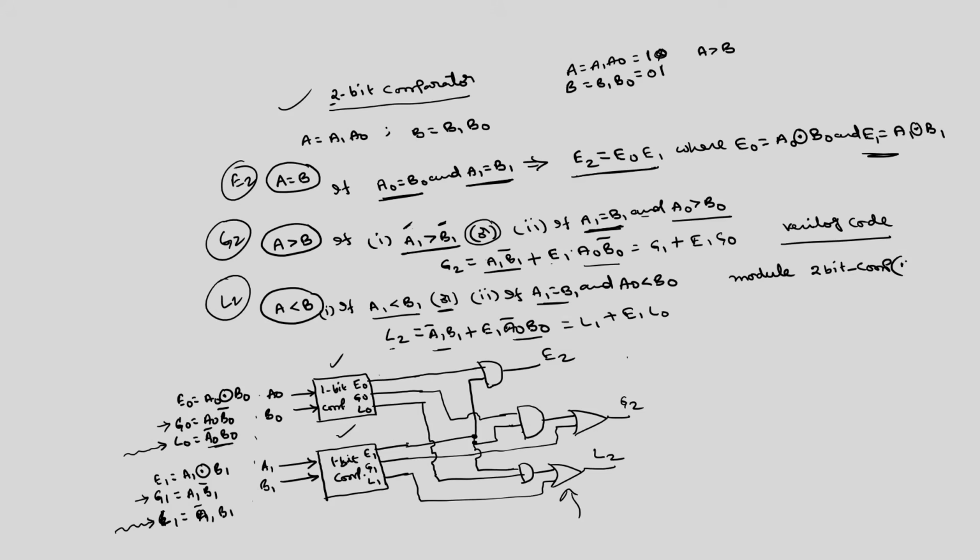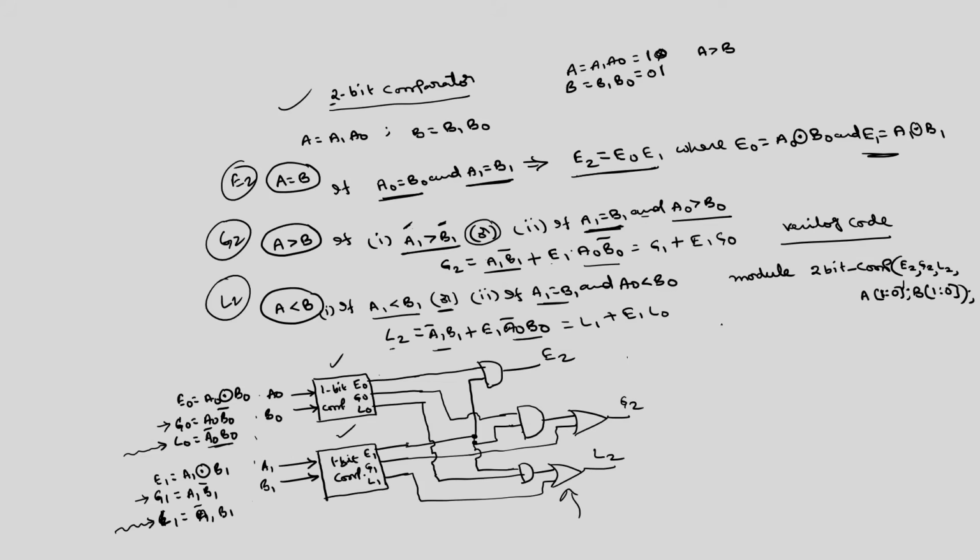Outputs are E2, G2, L2, comma, inputs are A[1:0], B[1:0].